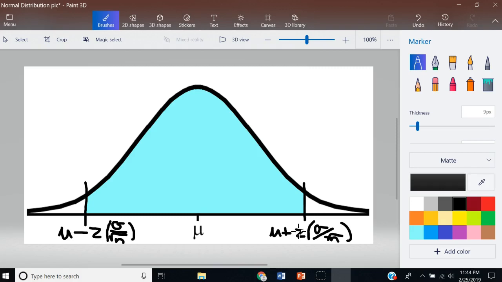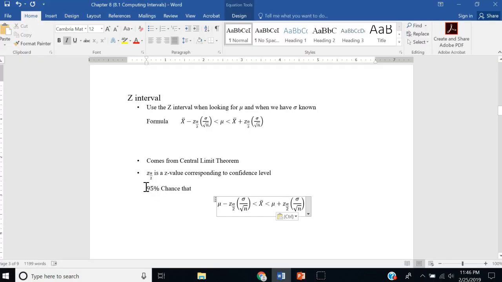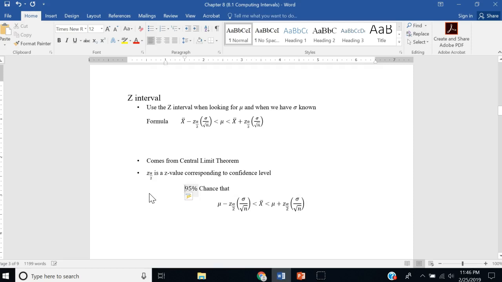So if I have a 95% chance that my sample average falls between this value and this value, I can use some algebra and solve that. So here's what I wrote down. Basically, what we're saying is because of the central limit theorem, we have a 95% chance that my sample average falls between those two values I got.